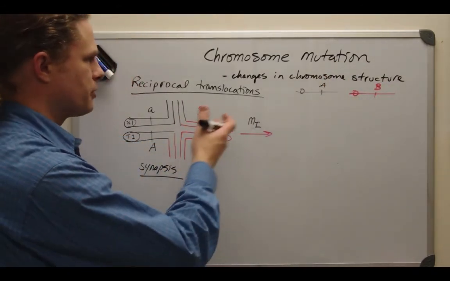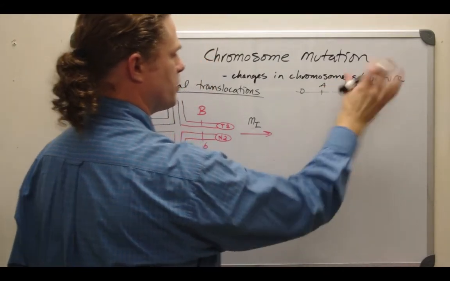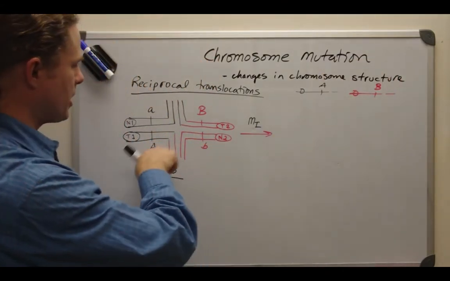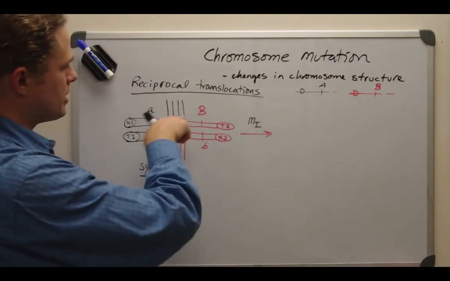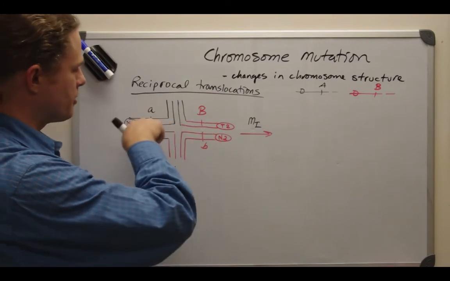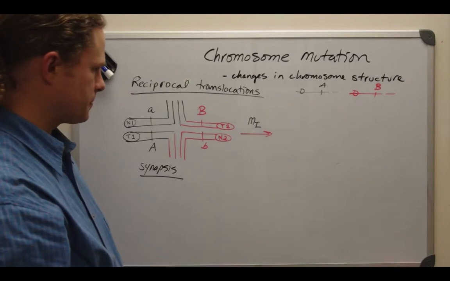Now we'll see what happens when a reciprocal translocation swaps the tips between these chromosomes, and now we have a big A and a big B on translocated chromosomes, and it's an organism that is a translocation heterozygote with little a and little b on the normal chromosome structures.